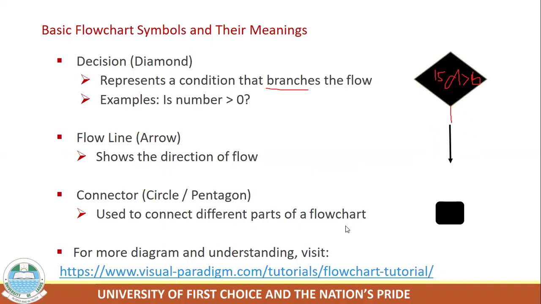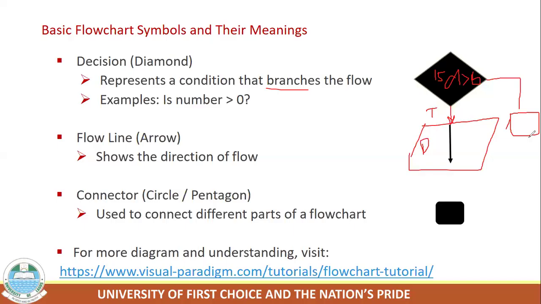To print, you just use a parallelogram. If A is greater, just say print A. Then you draw your arrow and write T for true. But if it is false, what do we do? We can come here and print B is greater, with the same parallelogram.